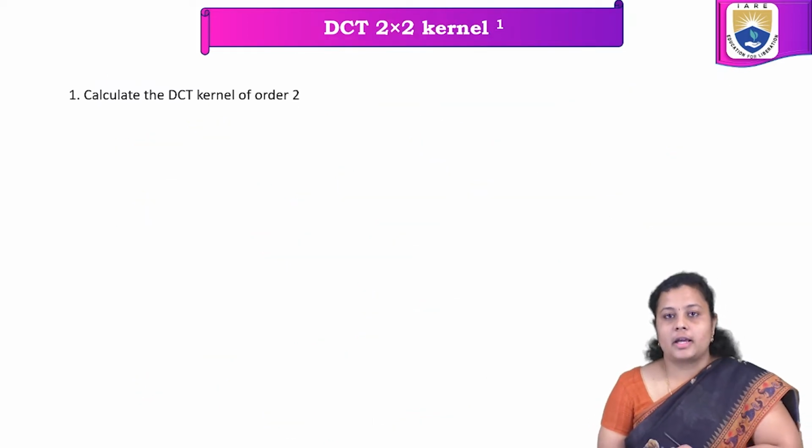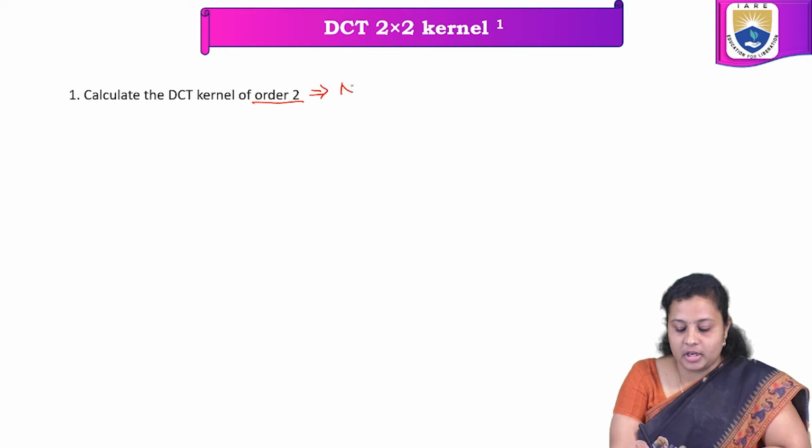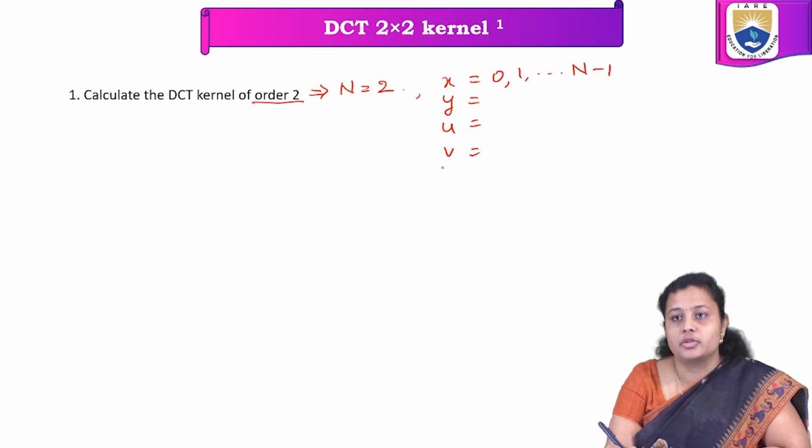Now let's calculate the DCT kernel of order equal to 2. When I say that order is equal to 2, which means that capital N is equal to 2. We all know that when N is equal to 2, x, y, u, v values range from 0, 1, so on to capital N minus 1.